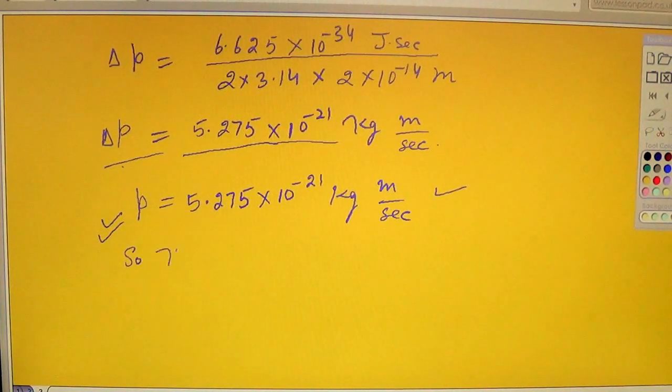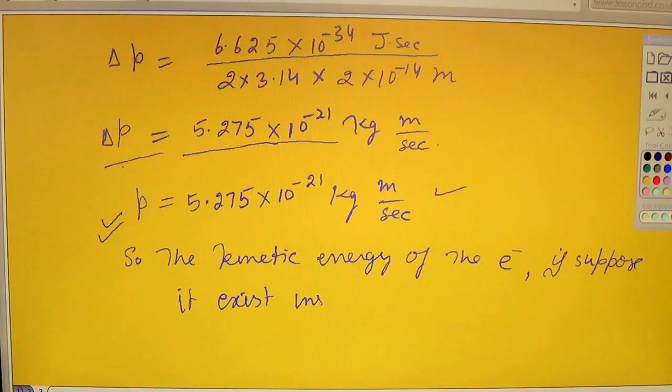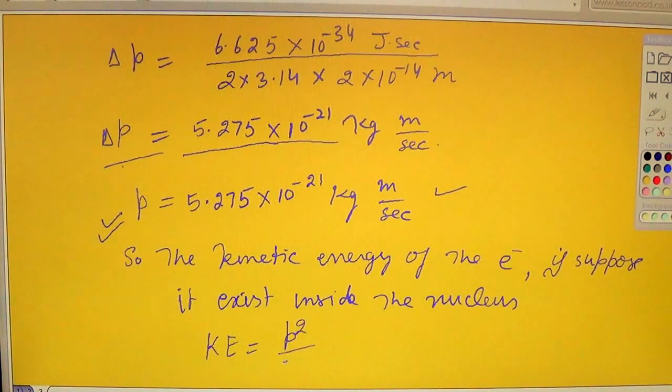So the kinetic energy of the electron, if it exists inside the nucleus, is equal to P square upon 2m.